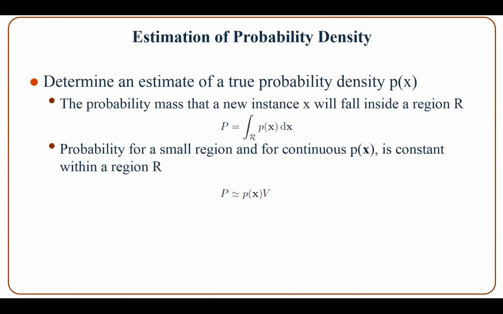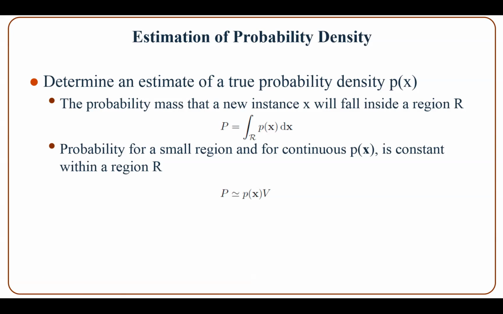Suppose that a number of observations were drawn from some unknown probability density p of x. Let's consider a small region R containing x. The probability mass associated with the region is given by the integral of p of x within the region.